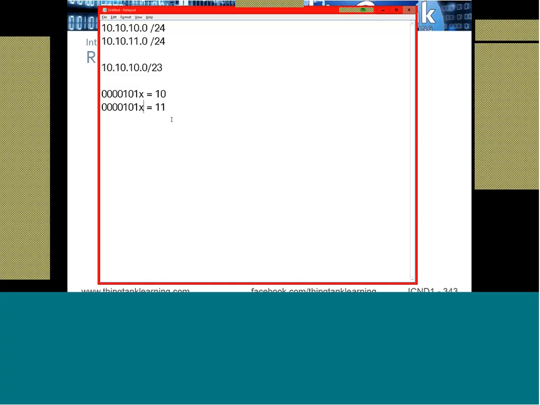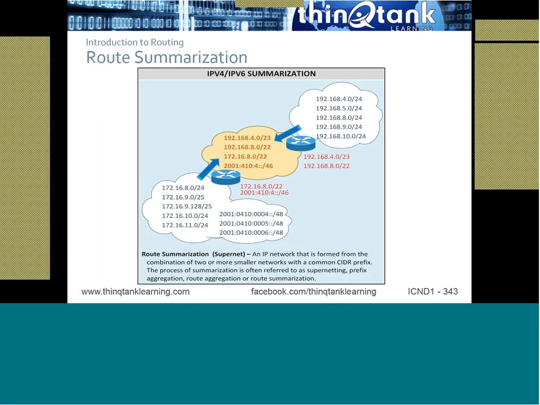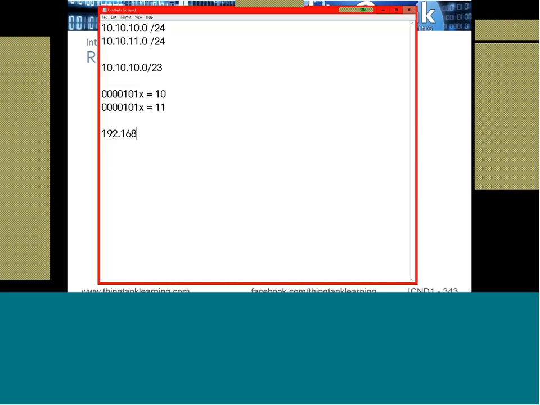However, if we look at our example, we've got 8, 9, and 10, all right? 192.168.8.0, 192.168.9.0, 192.168.10.0. Does everybody agree that 192.168 is common to all 3 of those networks? Yes?